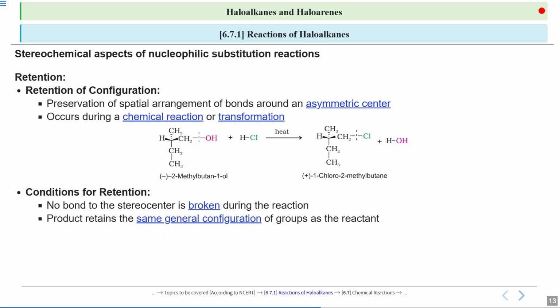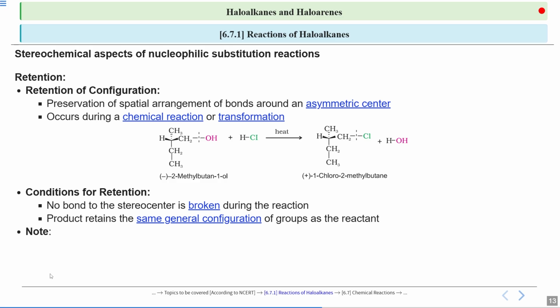The product retains the same general configuration of groups as the reactant, of all the groups that are present around the asymmetric center already present in the reactant.